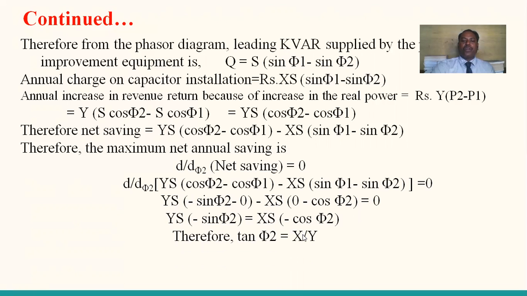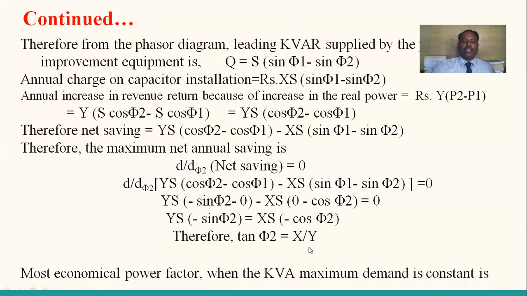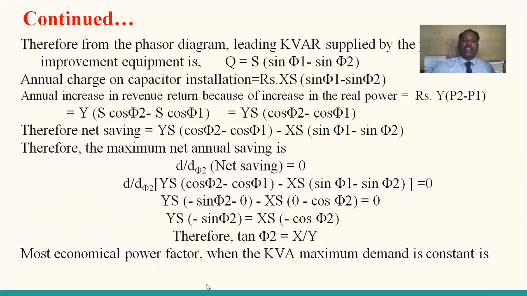So therefore, tan phi 2 is equal to X by Y. Therefore, the most economical power factor when kVA maximum demand is constant is cos phi 2 equal to cos of tan inverse X by Y.